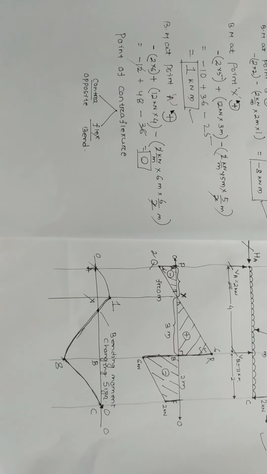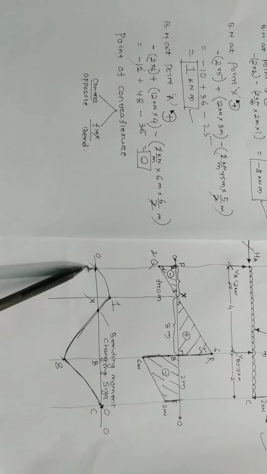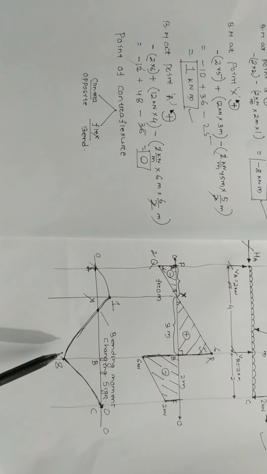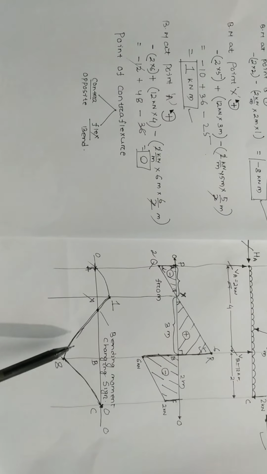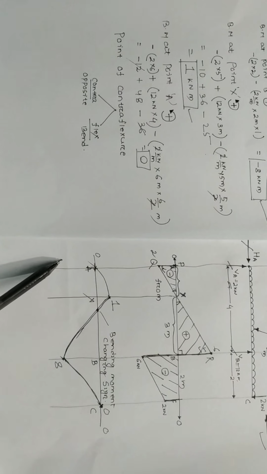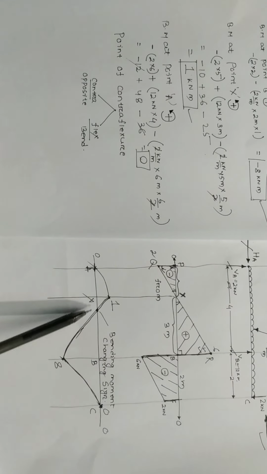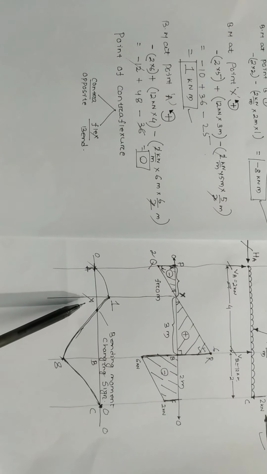That means between these supports, the bending moment is changing its signs. From negative it is getting positive. Okay, so as bending moment is changing its sign, this point, both ways you can tell, bending moment either positive to negative or negative to positive. So this is called as point of contraflexure.